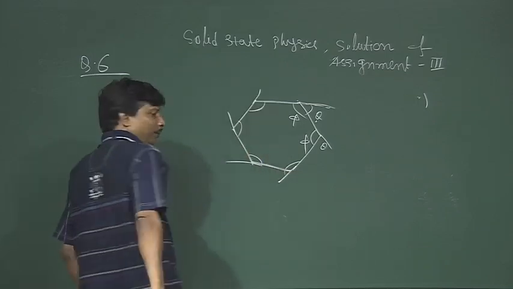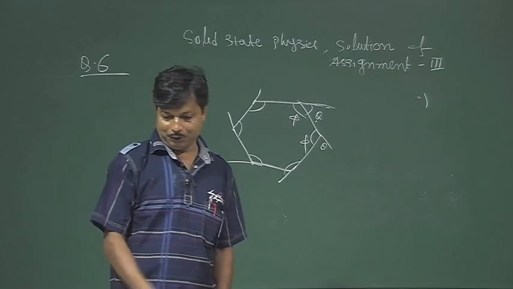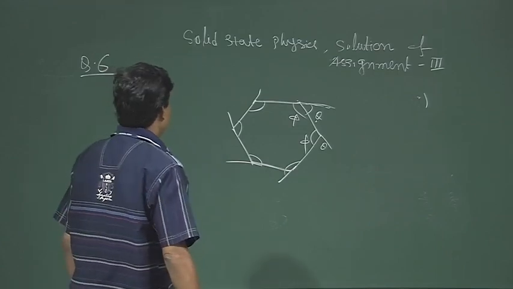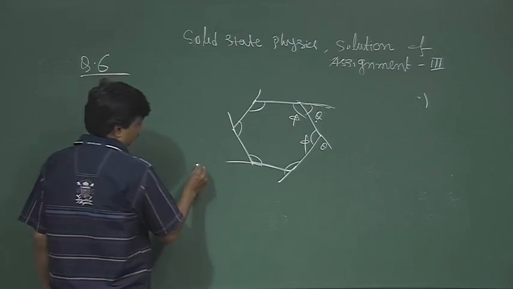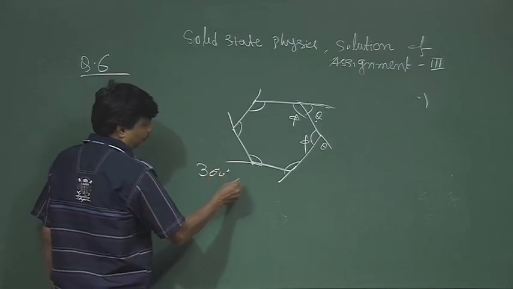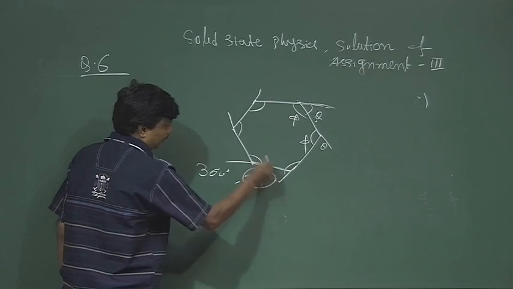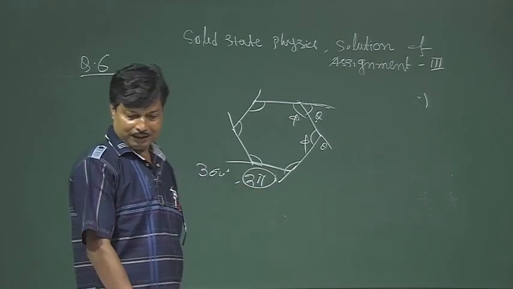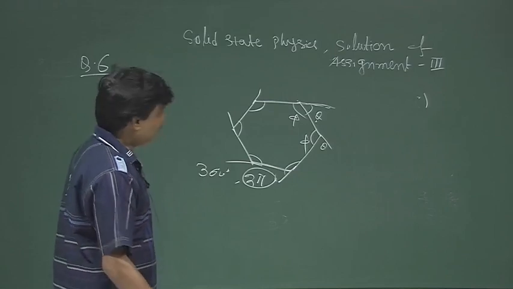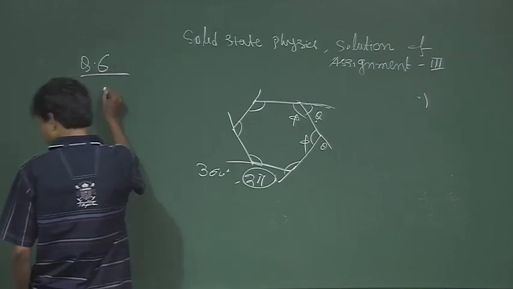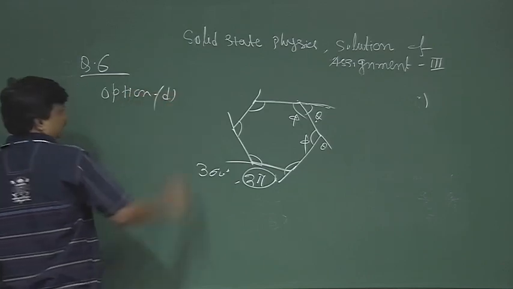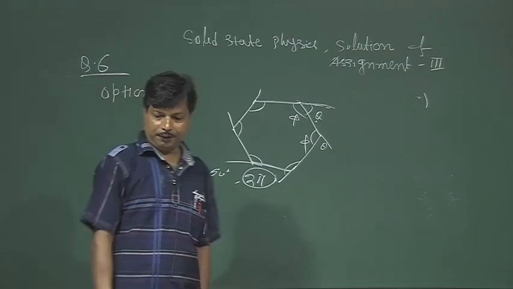From there you can see that this one actually has 6-fold symmetry. I mean in 360 degree, I mean at 2 pi radian, it appears identical 6 times. So, here also the correct option will be option D.